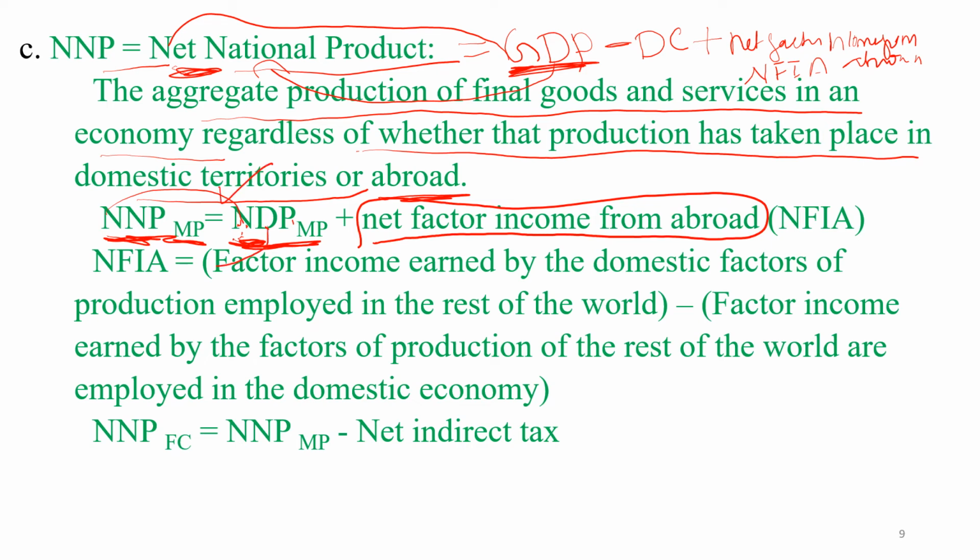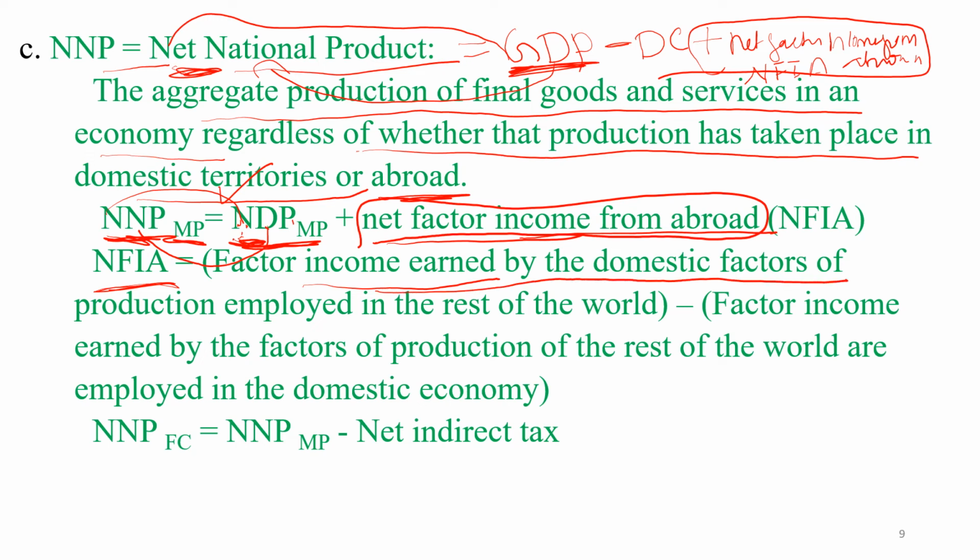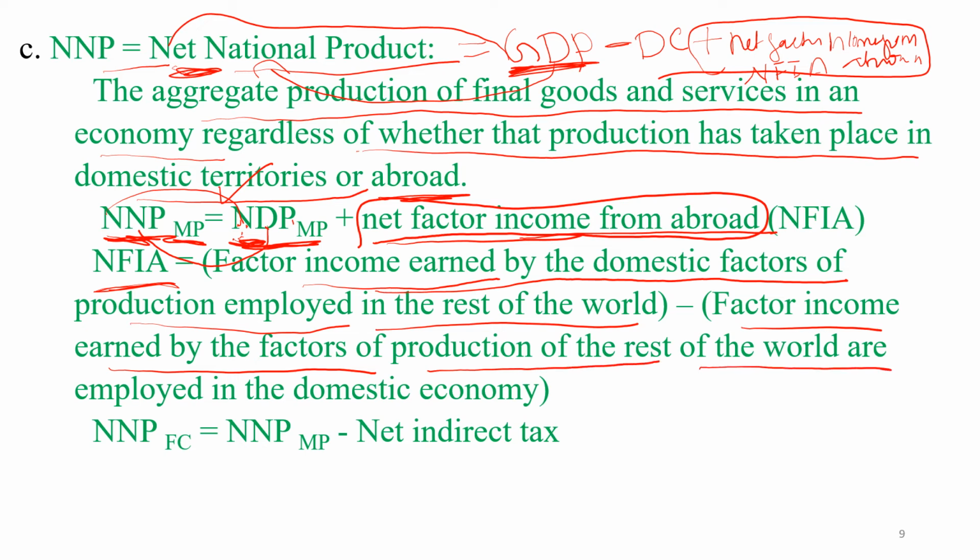Only we have to convert domestic into national. For that, we are going to add net factor income from abroad. What is net factor income from abroad? Net factor income earned by domestic factors of production employed in the rest of the world minus factor income earned by factors of production of the rest of the world employed in the domestic economy.